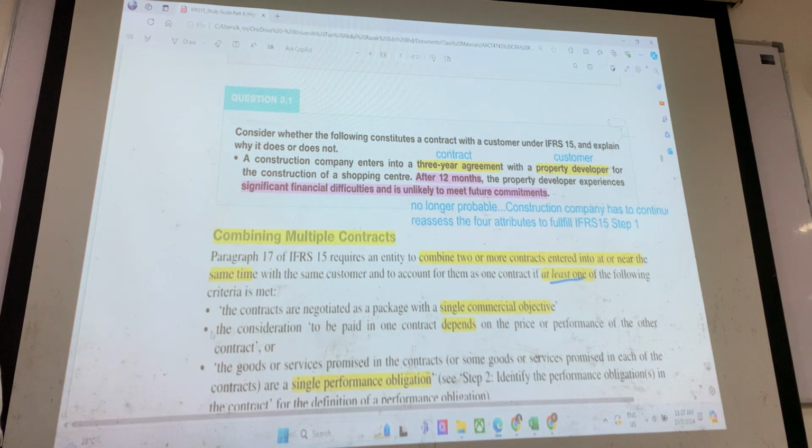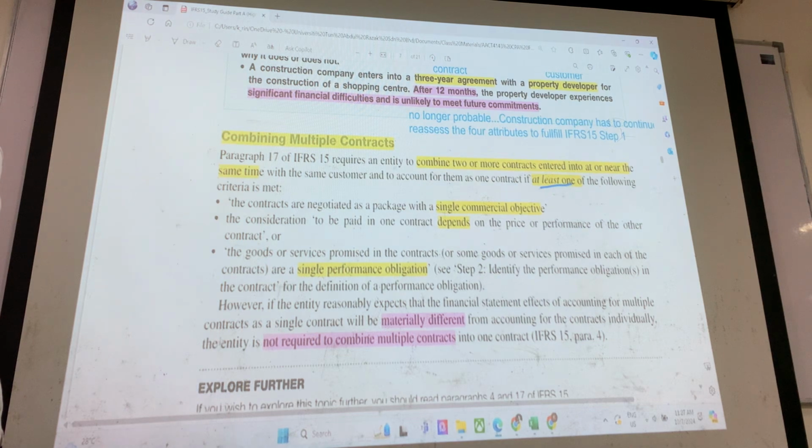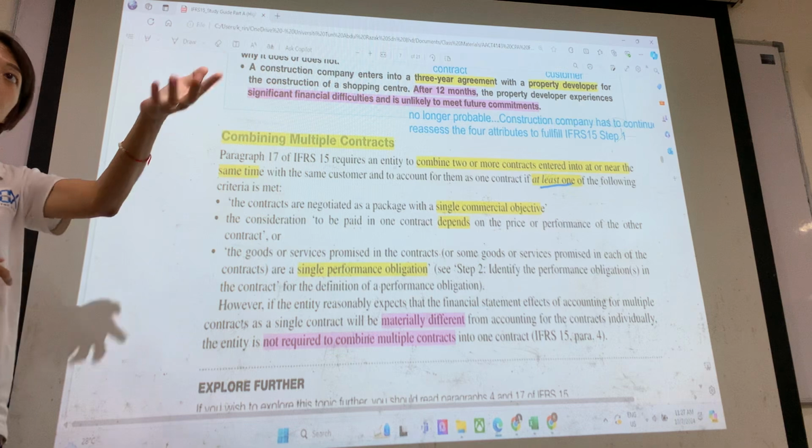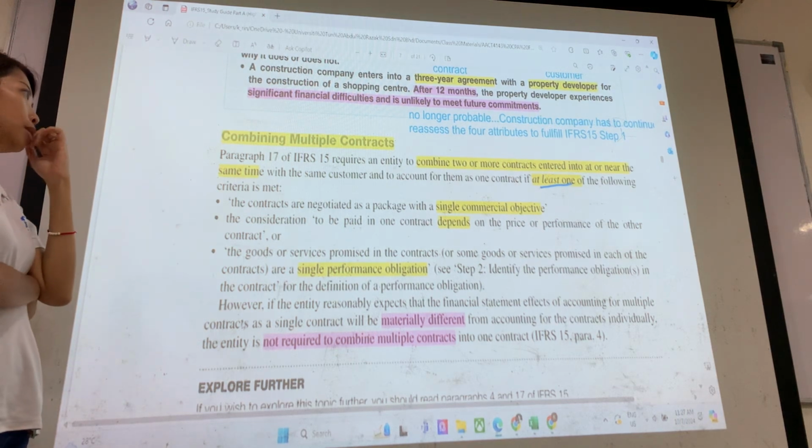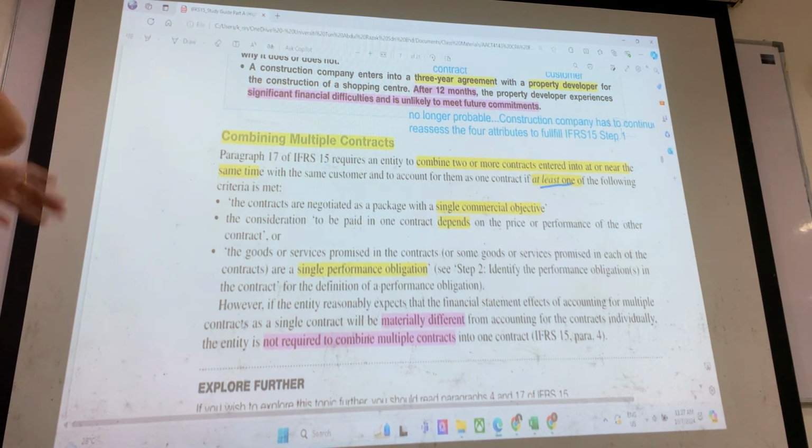Okay. Now, how if sometimes there are multiple contracts? So it is not only one contract, but we have maybe two contracts very near to the first contract, for example. Let's say I enter a contract with a customer to sell 100 units of product within this year.